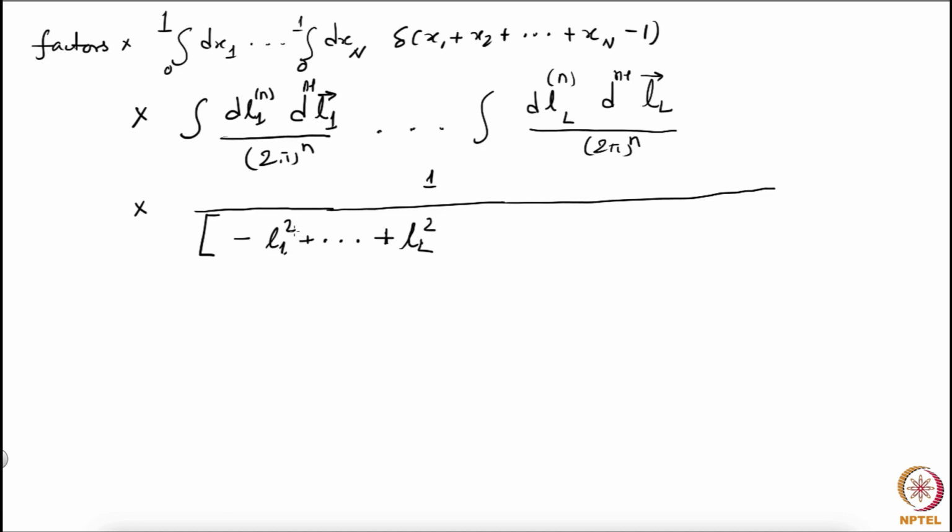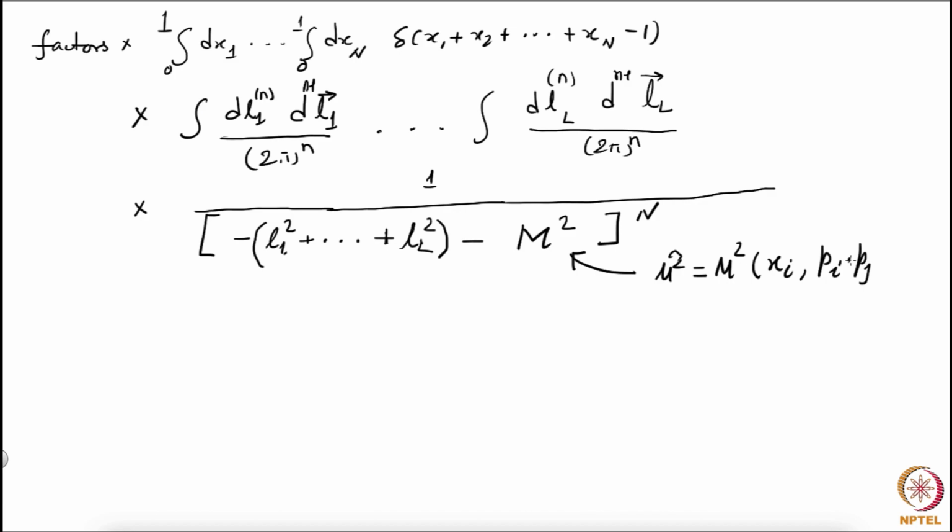I epsilon has been dropped. Check that this is what you get, where M^2 is of course a function of the x_i's, then a function of p_i dot p_j, and it will be a function of m^2. These are the things which will enter M^2.